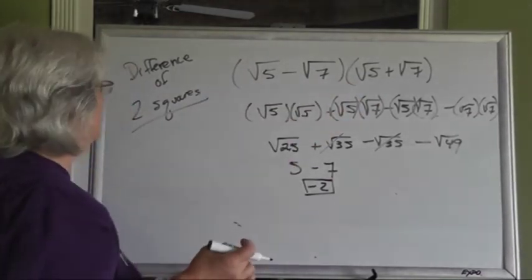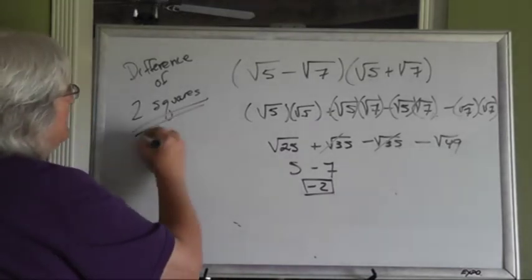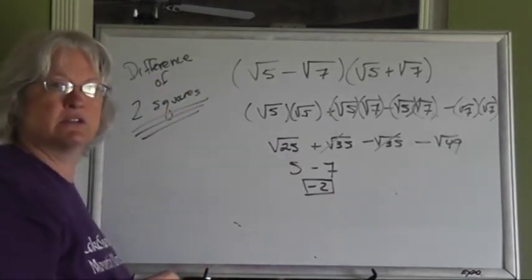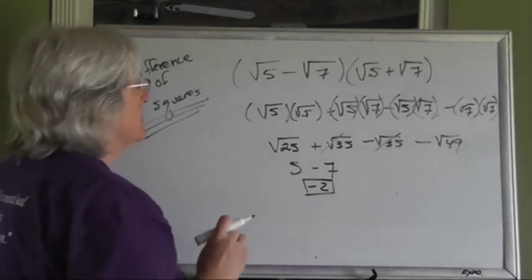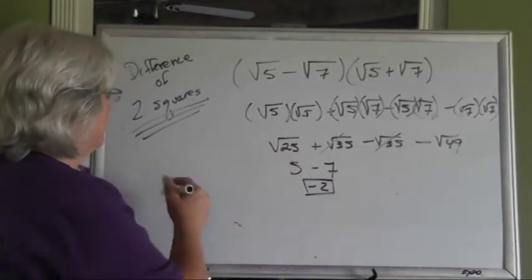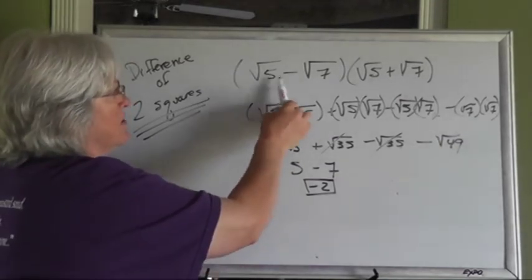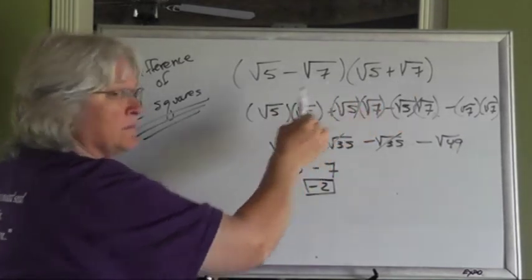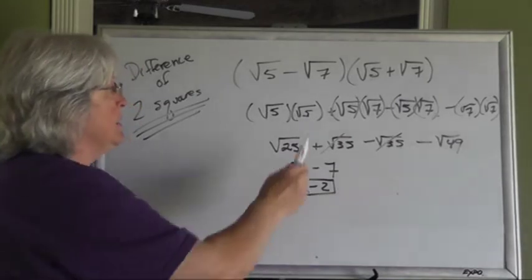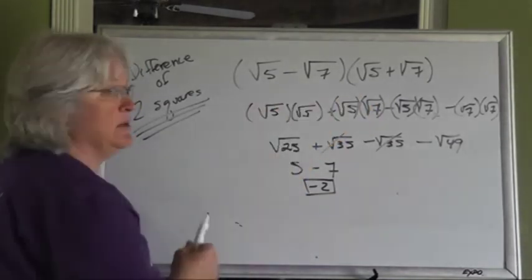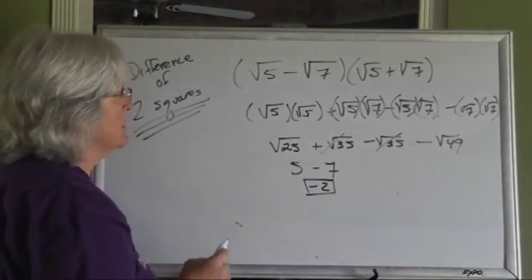However, if you realize, this is a special product, this is the factored form of the difference of two squares. You recognize that the first term and the second term of both binomials are the same. They differ only by the sign in the middle. That's the difference of two squares.